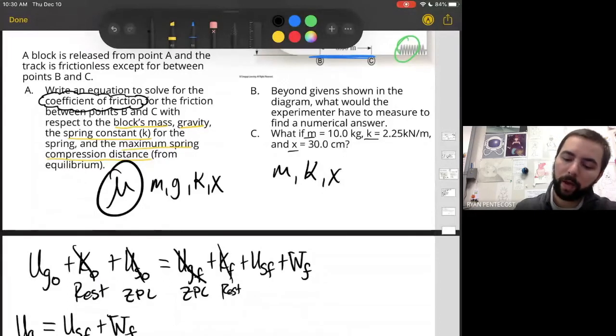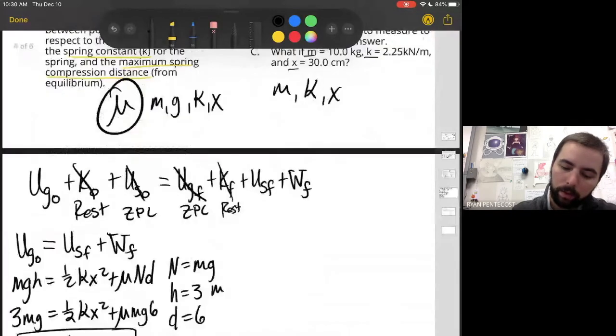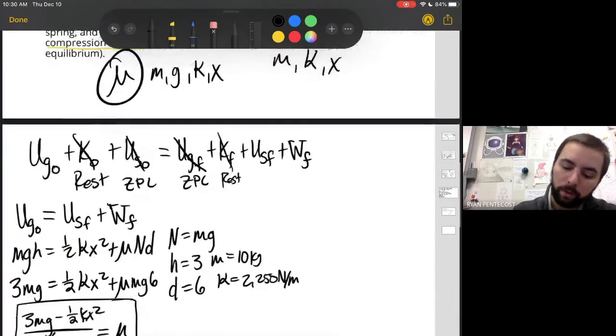So what if M equals 10? I'll write that down here. M equals 10 kilograms. K equals 2,250 newtons per meter. That's kilonewtons up there. And then X is 30 centimeters, so X would equal 0.3 meters.